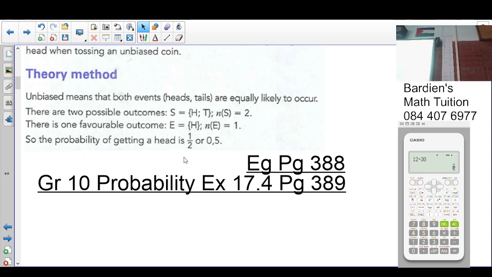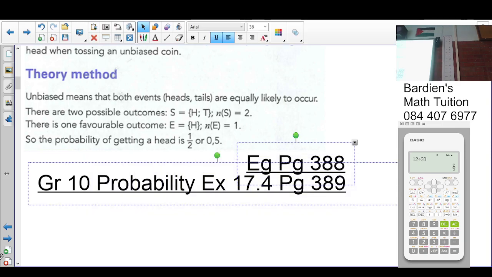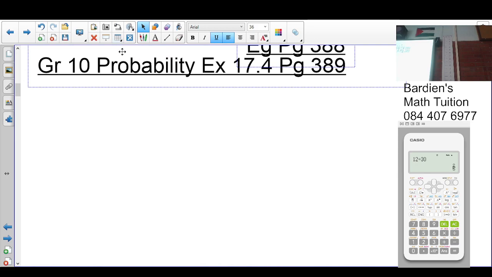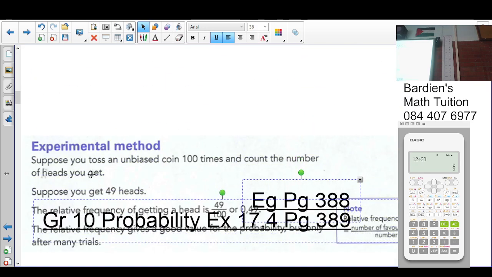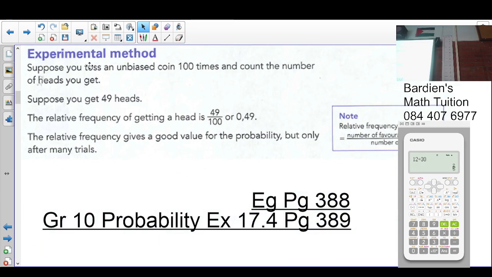So suppose you're getting a head, it's going to be 0.5 or 1 out of 2. Experimental method: suppose you toss an unbiased coin 100 times and count the number of heads you get. Suppose you get 49 heads. The relative frequency is going to be 49 over 100 or 0.49.